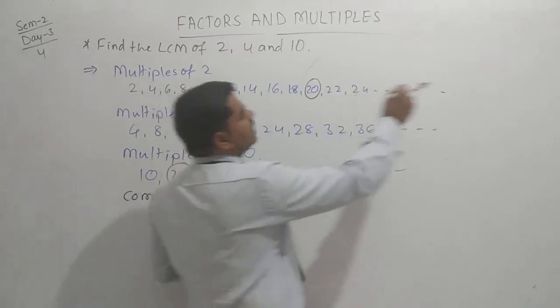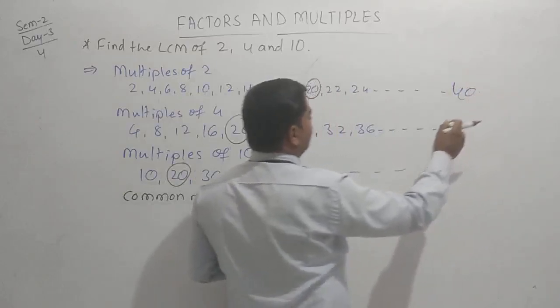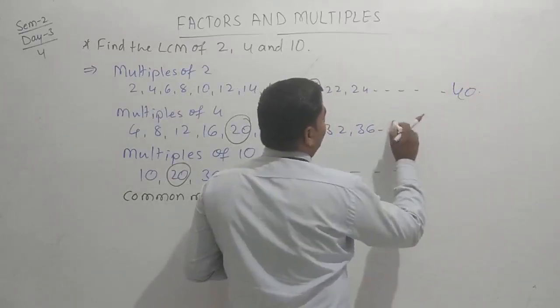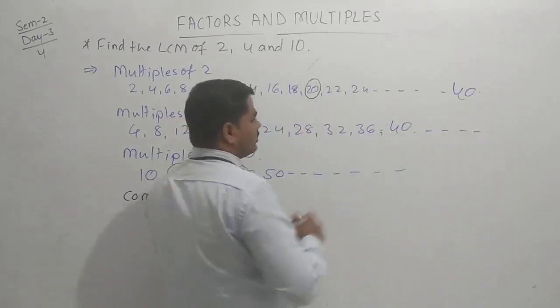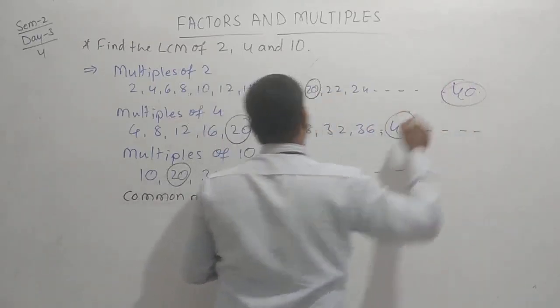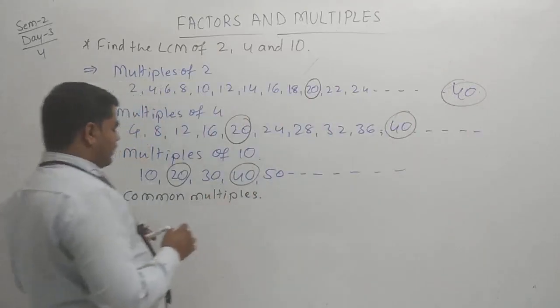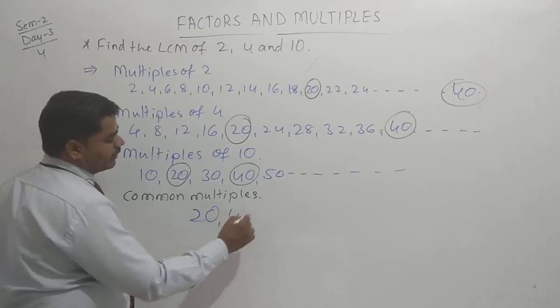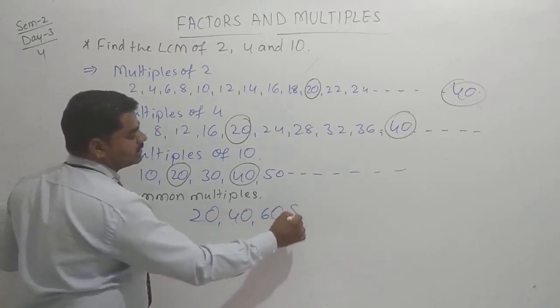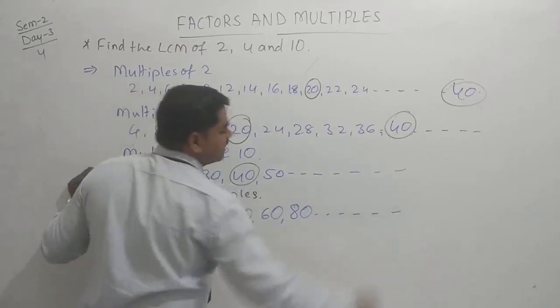Then 40 again comes in all of them. Then we can write the common multiples: 20, 40, 60 and 80. Like this it will continue.